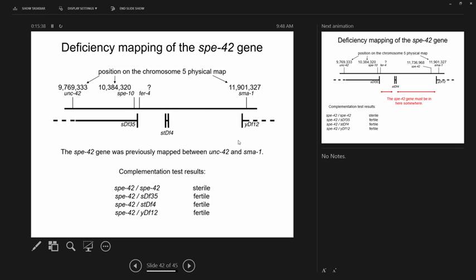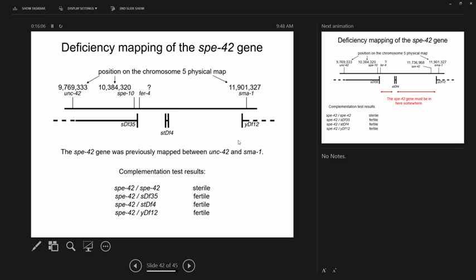All the deletions here, this is the end of the deletion, and it goes from here all the way out here, and the dots just mean it goes out to the left of UNC42, and we don't care because I already know my gene is to the right of that. The deficiency, which is what they're called in C. elegans, is missing everything that I'm circling right here.